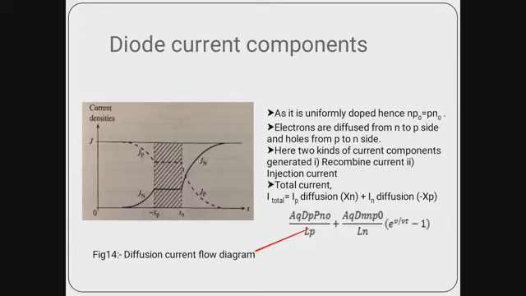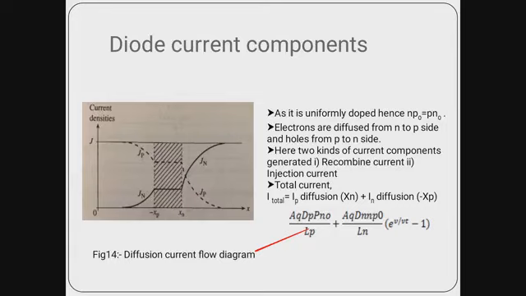So the total current I total is nothing but the diffusion current of electrons flowing from N to P side and the diffusion current of holes from P to N side. Xn represents the hole diffusion.